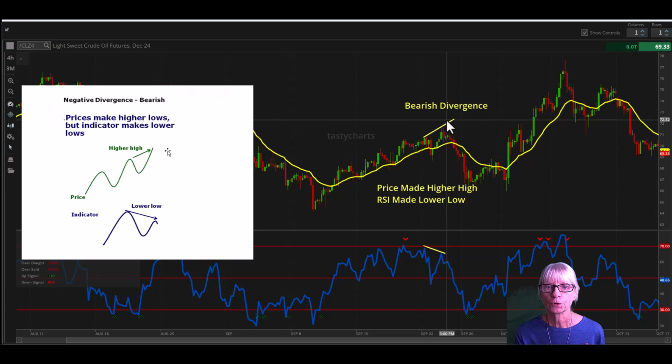And this is on a 4-hour chart, by the way. This is a 4-hour chart on oil. So we have the trend line going up, but look at the RSI. The trend is going down. So that's your divergence, and that gives you an indication that the upward trend most likely will not hold.